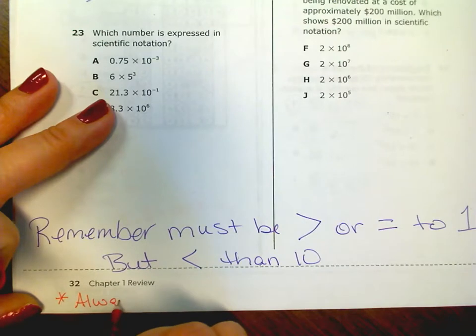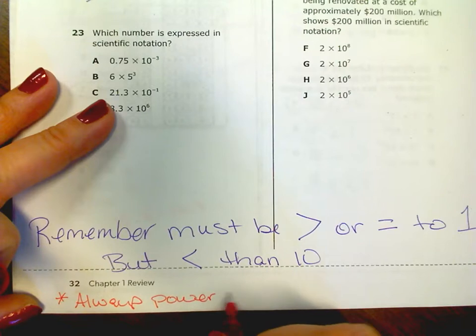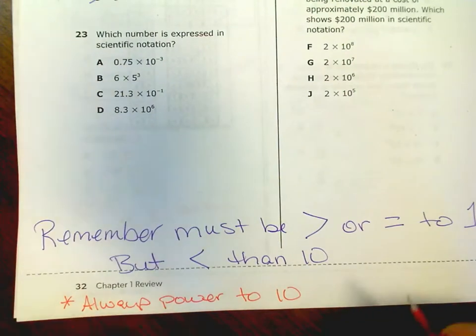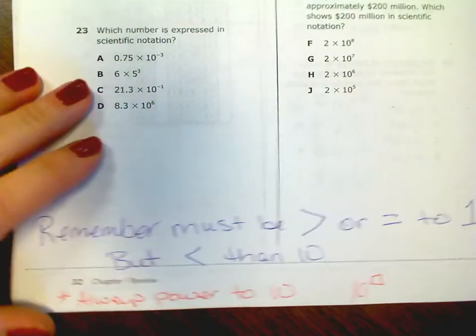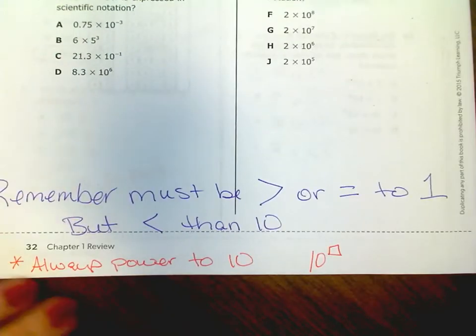Always times a power of 10. So in other words, it's always going to be 10 to some power. That is a must for scientific notation.